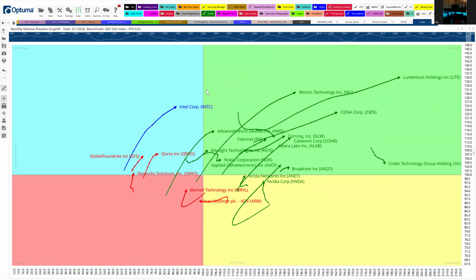That's your leader. It has to cross this line. Once it crosses that line, that's it. You're not going to be able to see it when I run a scan, because I'm not running scans into a leadership phase.